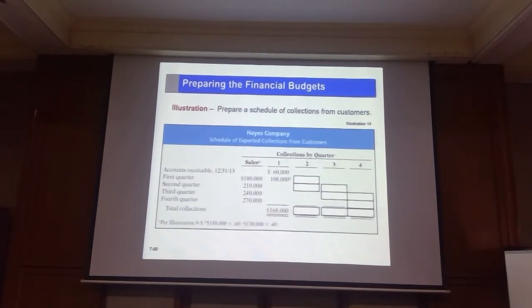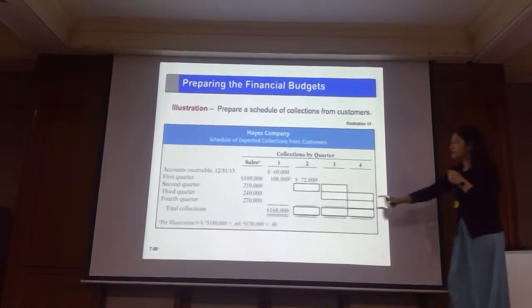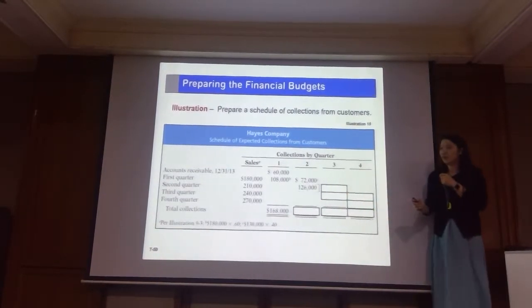How about the second quarter? The first amount comes from 40% of quarter one sales, right? 108,000 multiplied by 40%. So you're going to get the first cash amount from accounts receivable, right? 72,000. How about second quarter sales? We know that we have sales equal to 210,000, right? 60% we're going to receive right away, okay?